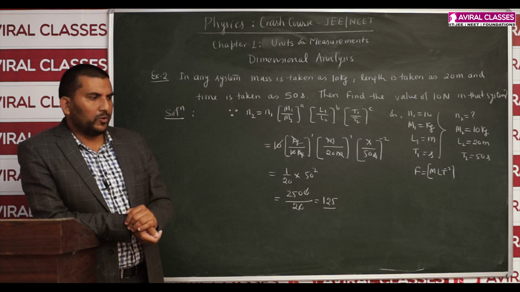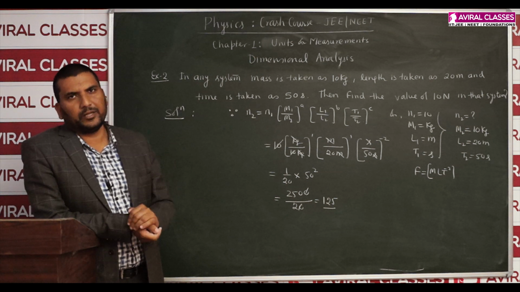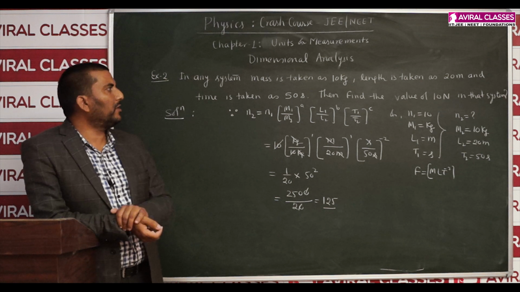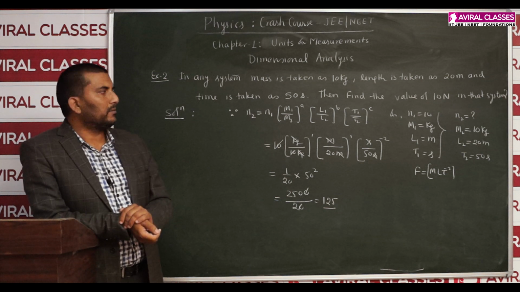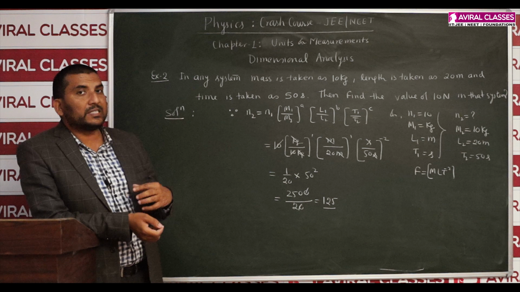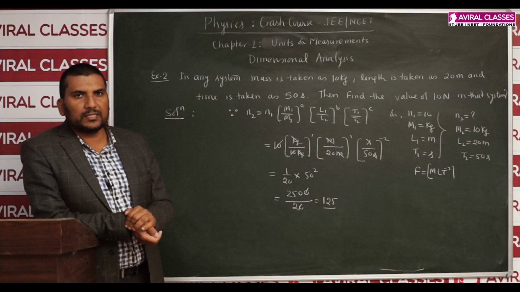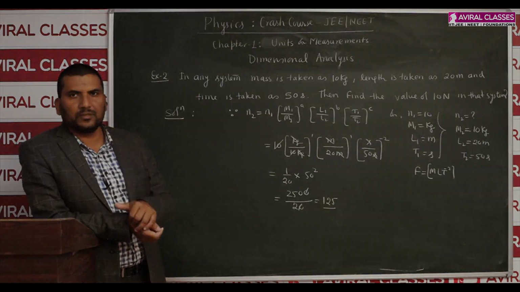I already told you these should be on your fingertip. Otherwise, it will be difficult for you to solve these questions. Otherwise, you will be struggling to find out the dimensional formula itself rather than solving a question.